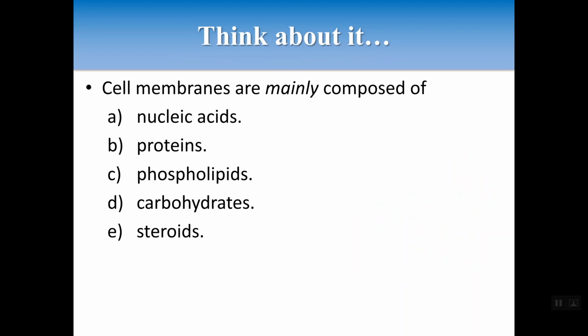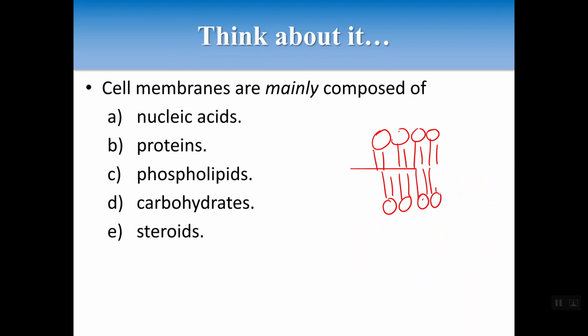All right, so our cell membranes, aka plasma membranes, they're mainly composed of what? Now remember, those are going to be forming those bilayers. They're amphipathic molecules. So that's going to be phospholipids.